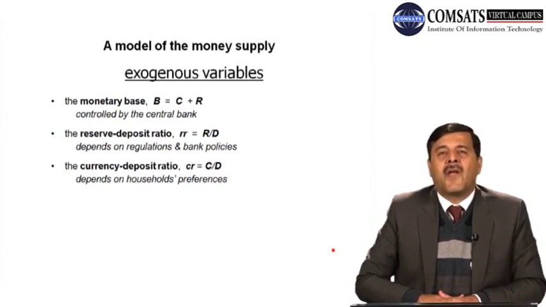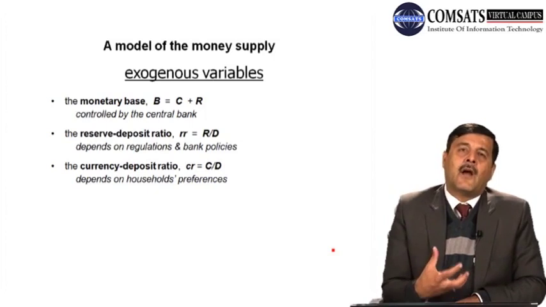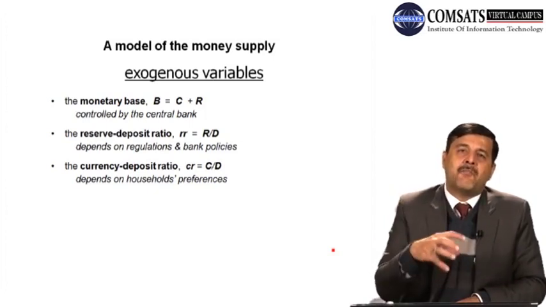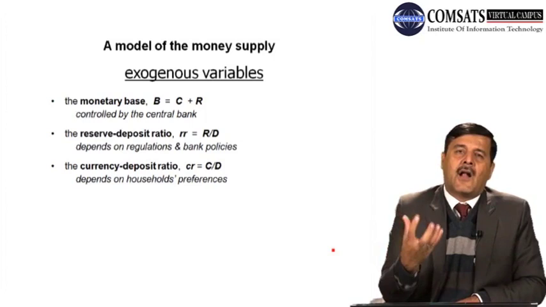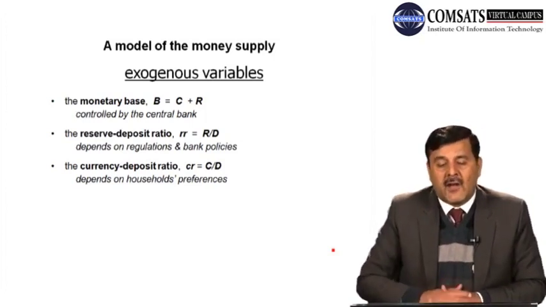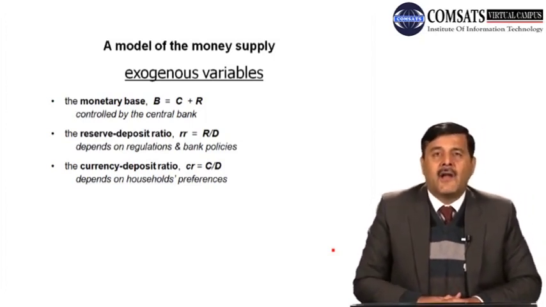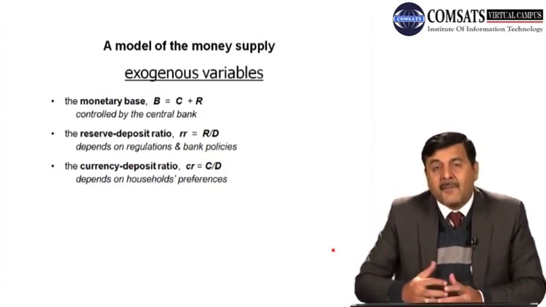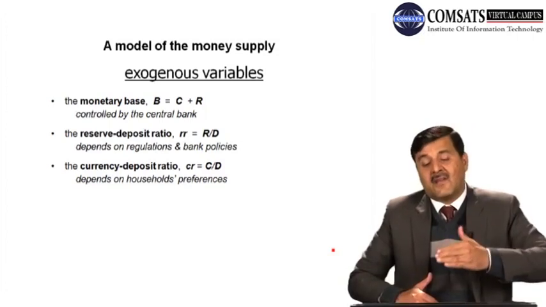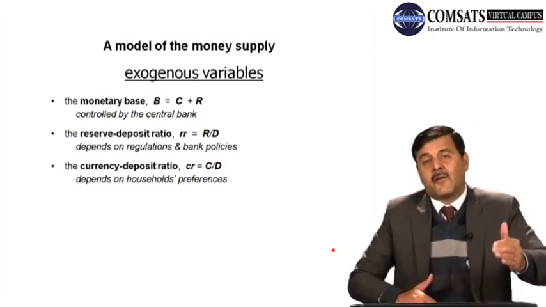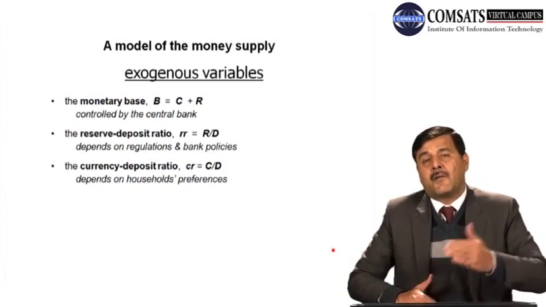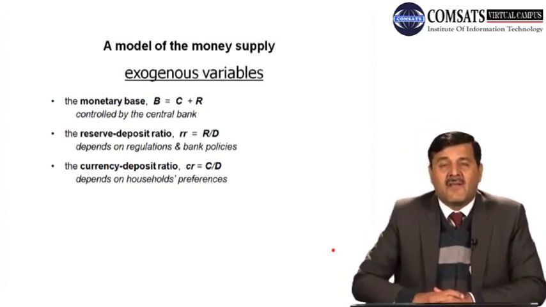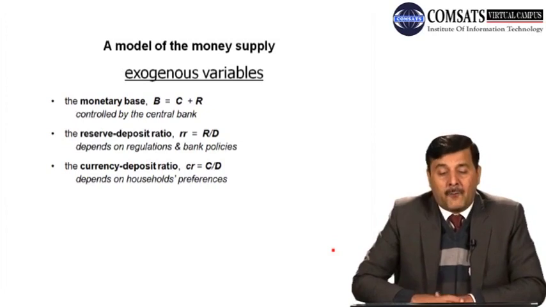It varies from central bank according to central bank policies, right? What are the policies of central bank, how much commercial banks can keep as required reserve with themselves, it depends on the regulations, it depends on the laws, it depends on the policies of the banks. So sometimes they increase this reserve deposit ratio, sometimes they decrease this reserve deposit ratio. It depends on the policy which the banks are going to follow.